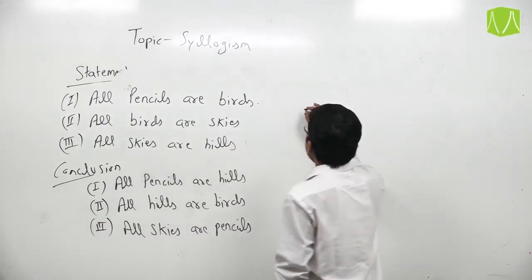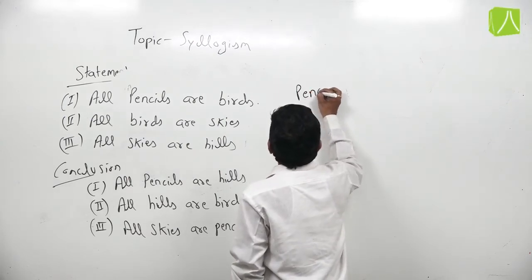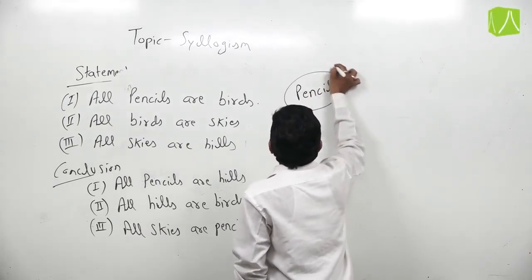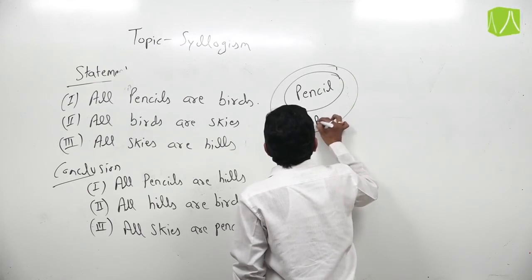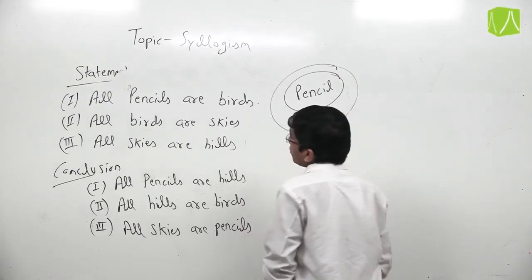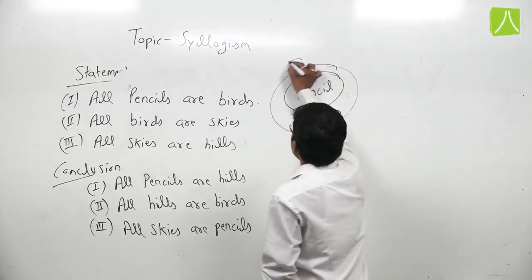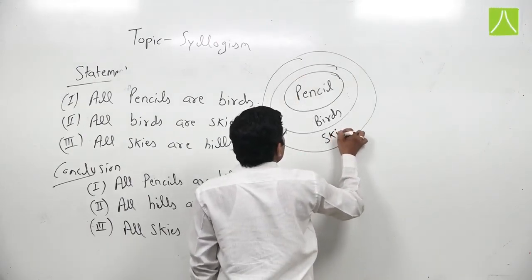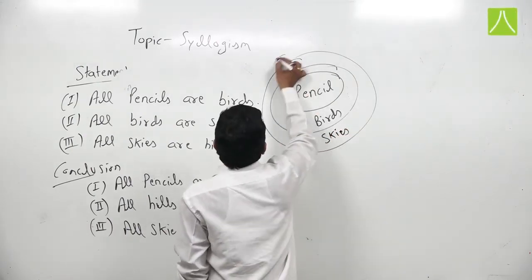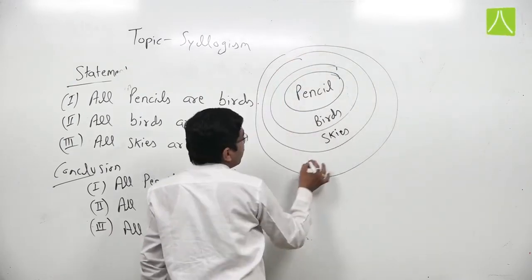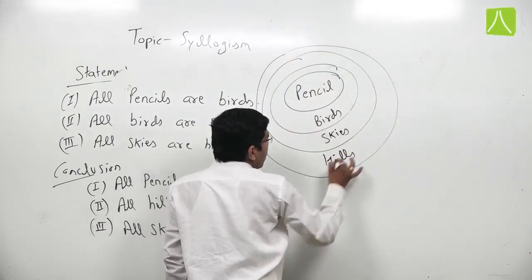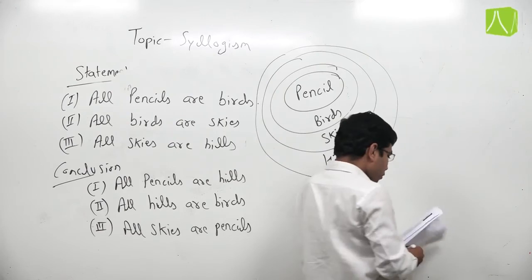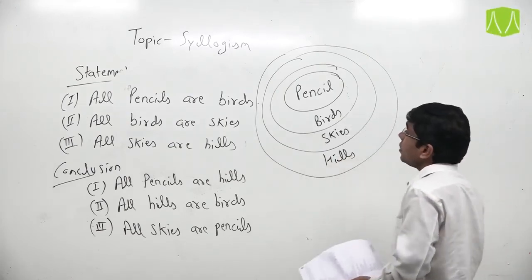All pencils are birds. We can define by diagram. All pencils are birds. All birds are skies, and all skies are hills. It is the basic diagram for these statements.